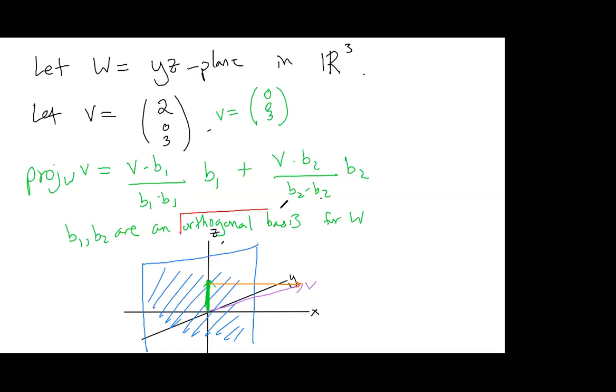So we could pick, for example, the y-axis and the z-axis, so (0, 1, 0) and (0, 0, 1). Those would span W, and then we can plug that in for B1 and B2. And we should get (0, 0, 3).